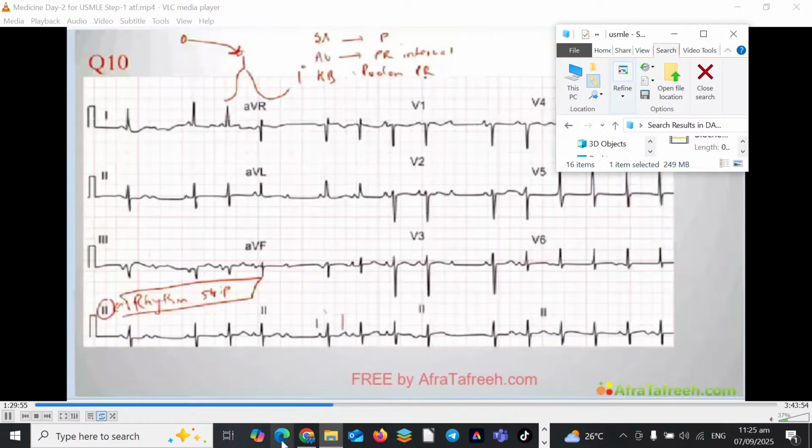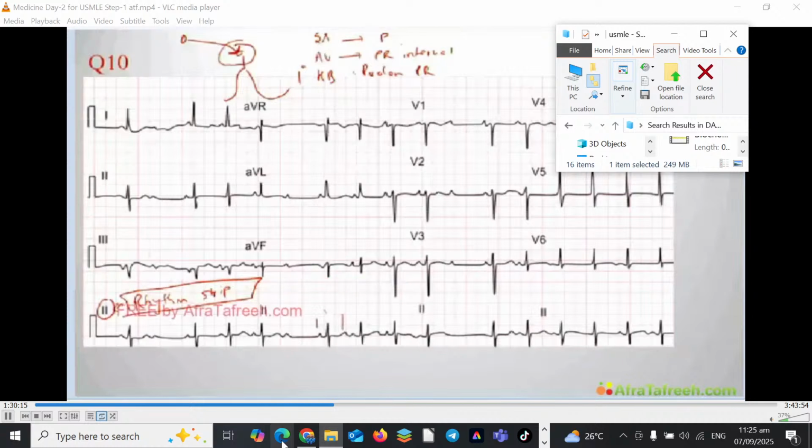That means the AV node is at fault here. And how much is the normal PR interval? It should be less than 200 milliseconds, 0.2 seconds. Anything more than that would be a first degree heart block.